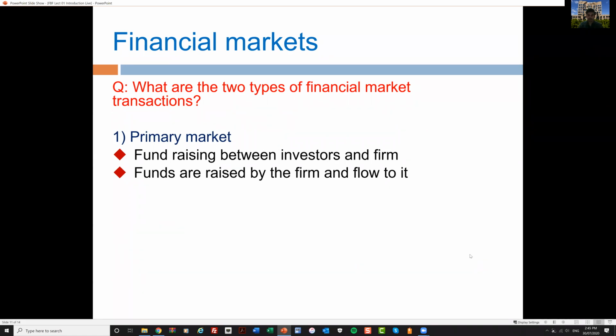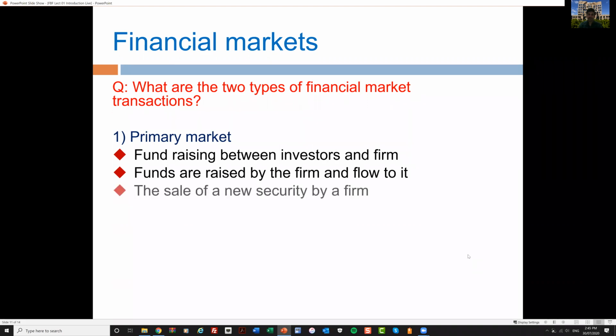In essence, if you're Qantas, you sell a security. That means you sell a piece of paper to an investor, and that piece of paper is essentially an IOU from Qantas saying that if you invest into me, I promise to repay you.